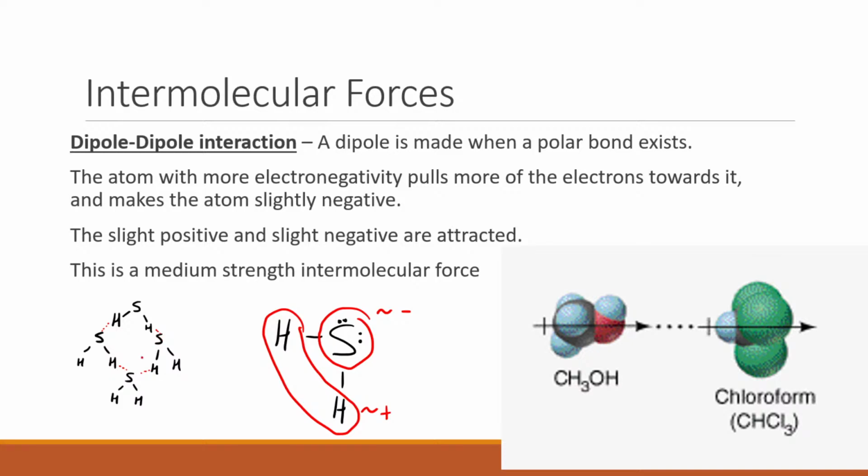An extra little thing holding these together. That is our dipole-dipole interaction. It is a slight magnetic attraction on top of the fact that they are weighing each other down by being stacked one on top of each other.